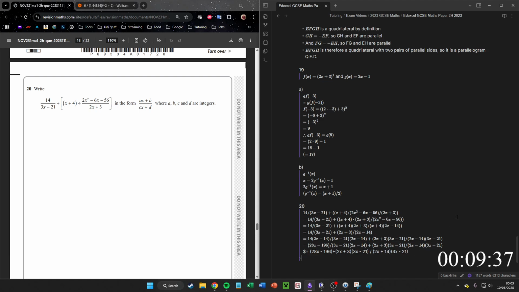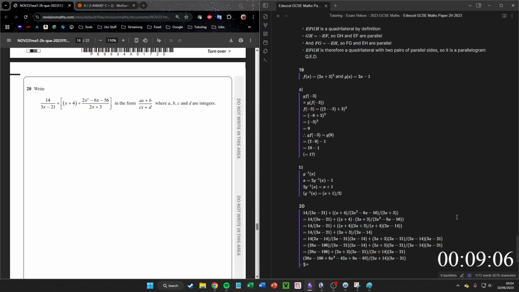This is needlessly complicated mathematics that's being done here. And then we just need to basically expand the top brackets. So first 6x squared, outer minus 42x, inner plus 9x, last minus 63. And that's still all divided by 2x minus 14, 3x minus 21.